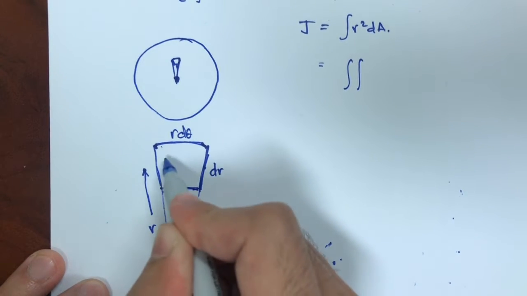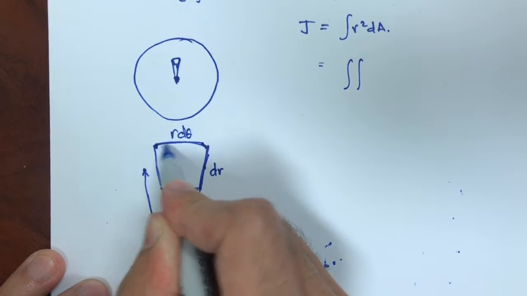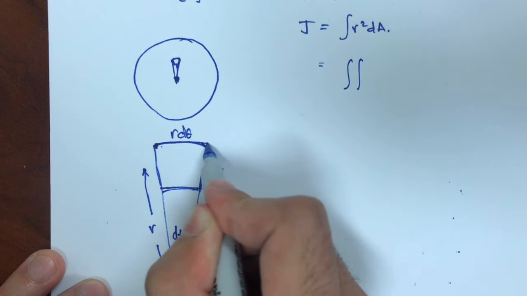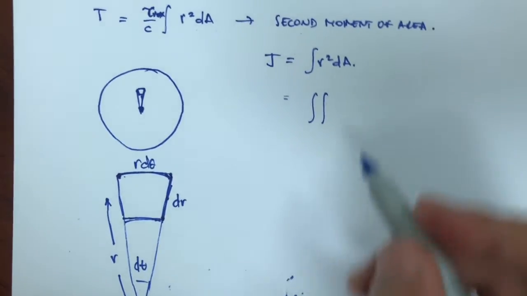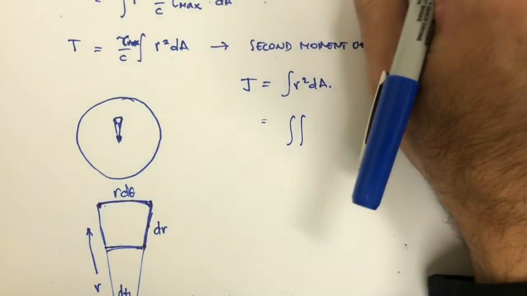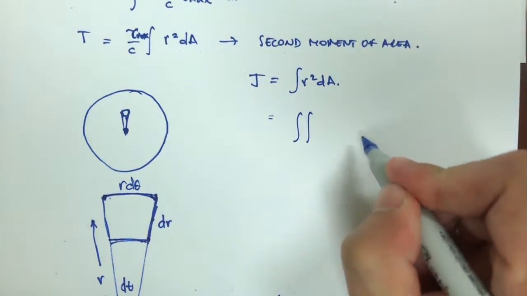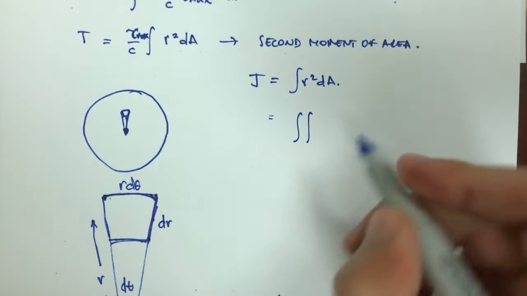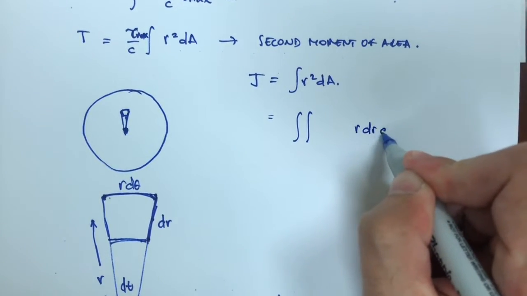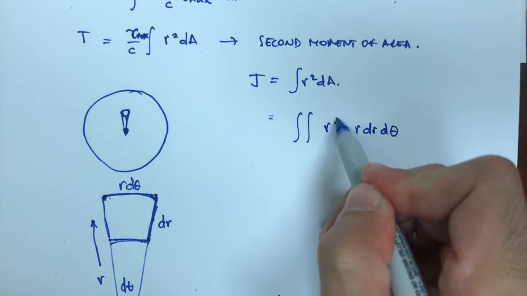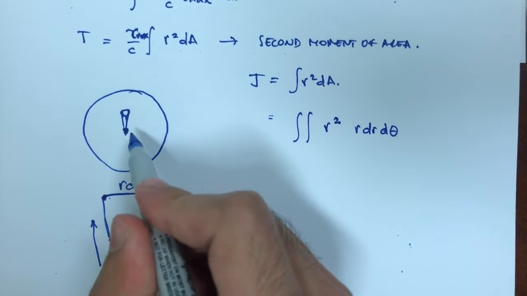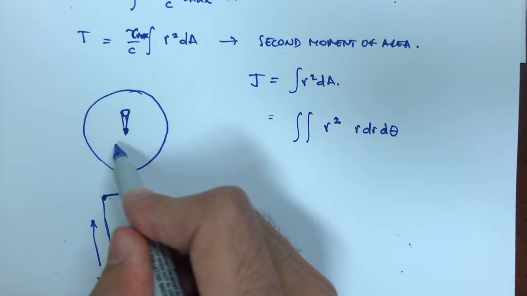So the area of this small square would be r d theta times dr, just as if it was an actual square. So that dA is r d theta dr, or r dr d theta, and I'm integrating r squared. And I'm going to do it for all the angles.